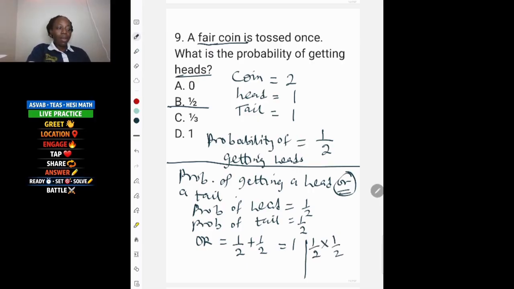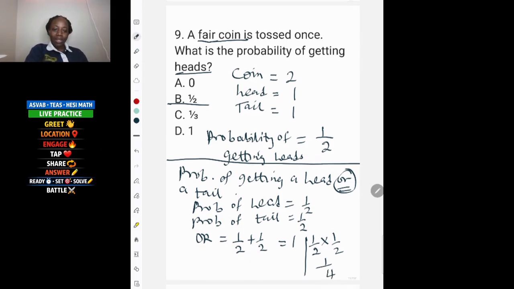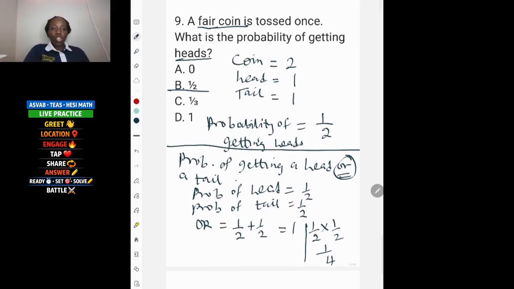The first time, if it is tail, 1/2. Second time, if it is head, 1/2. Then you just multiply: 1 times 1 is 1, 2 times 2 is 4, and that's it. Just follow whatever they ask you to do.